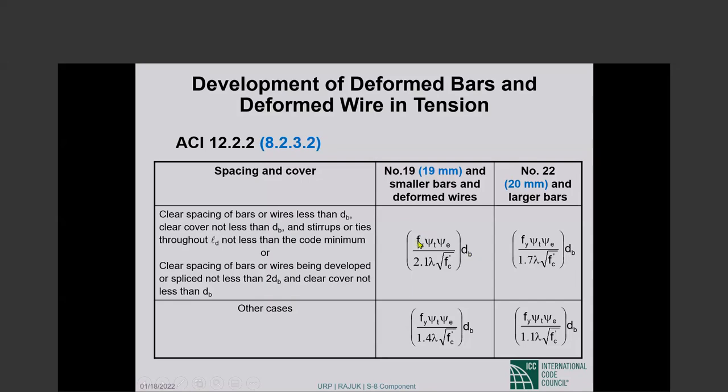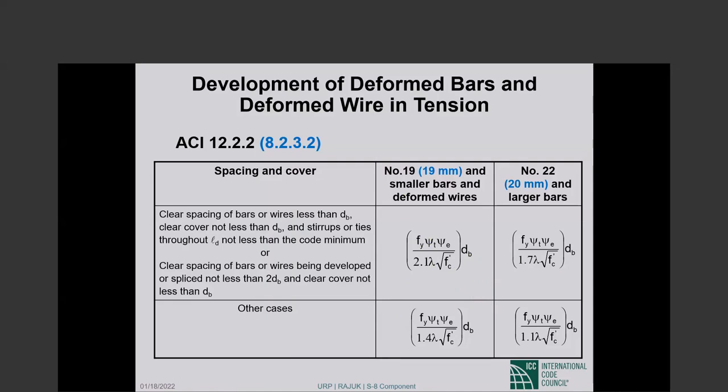This has f sub y in it, the lightweight concrete factor lambda, the concrete strength, and also two factors we call psi sub t, the top bar factor, and psi sub e, the epoxy coating factor.